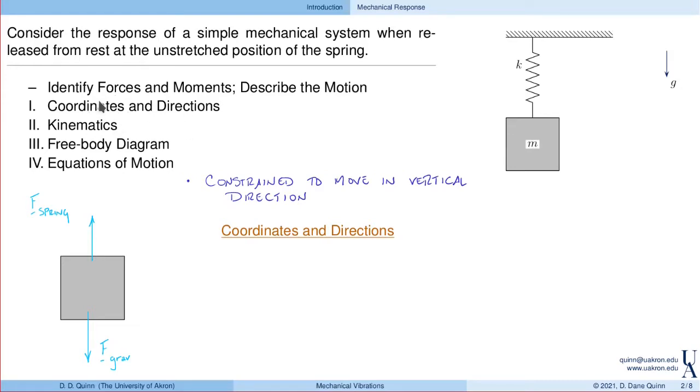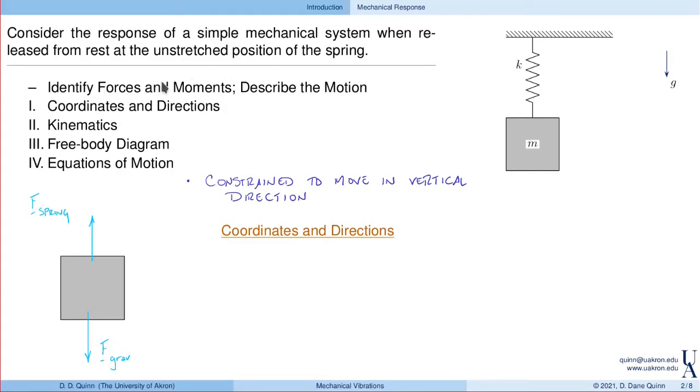And in order to figure out what coordinates and directions we need to define, we need to think about what's going on. We need to identify the forces and moments, perhaps, that act on the system and describe the motion. So again, starting at the end and working backwards, this is a fairly logical procedure.